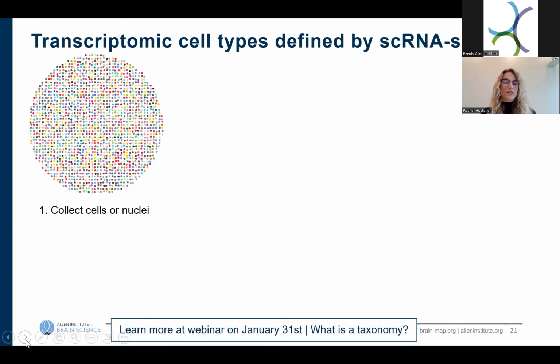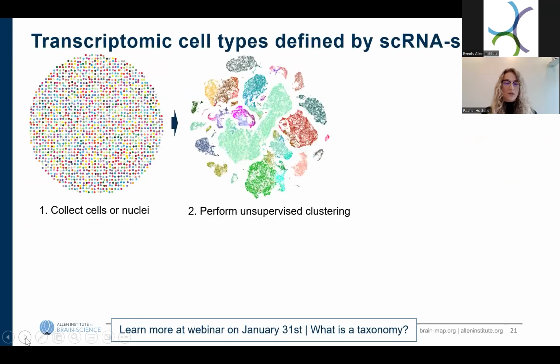And so after we've collected our cells or our nuclei and we've sequenced them individually, the next step then is to perform unsupervised clustering to cluster these cells based on their genetic similarities. What's shown here is a UMAP, and a UMAP is a dimensionality reduction tool, which turns high dimension data into a nice two-dimensional view.